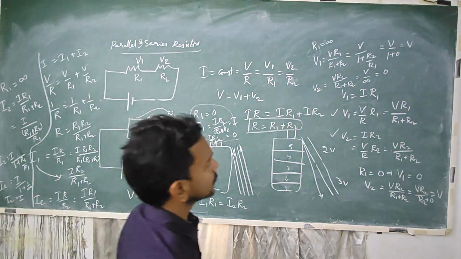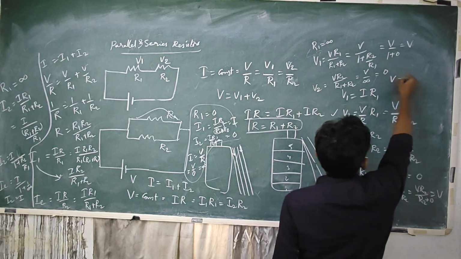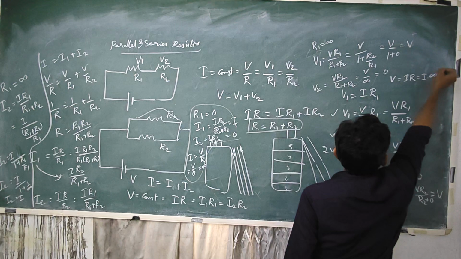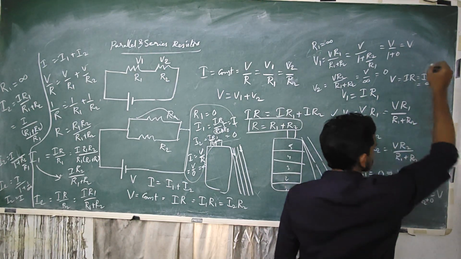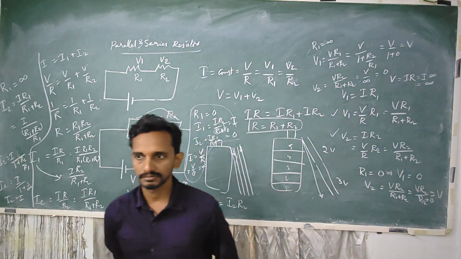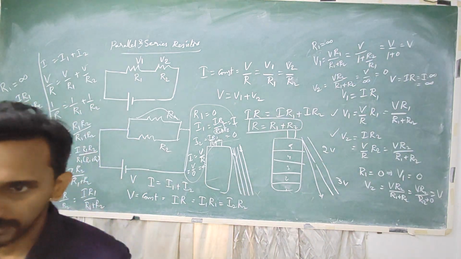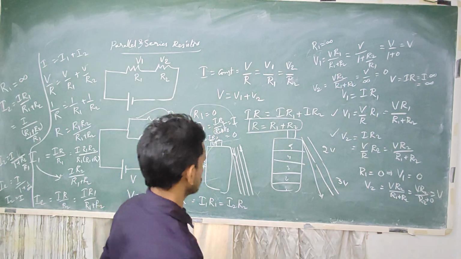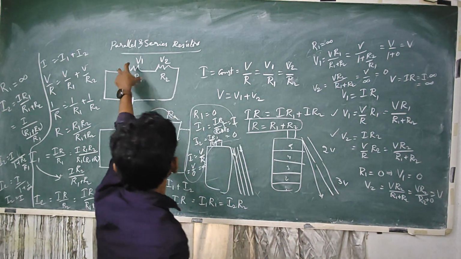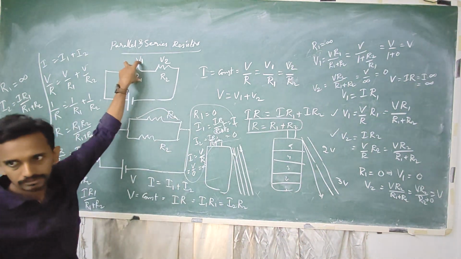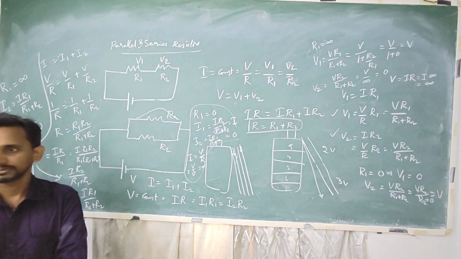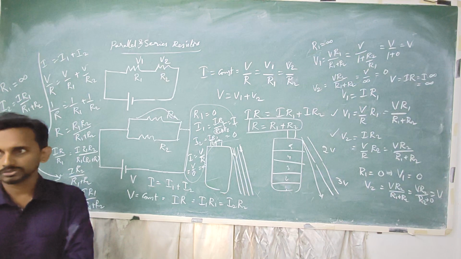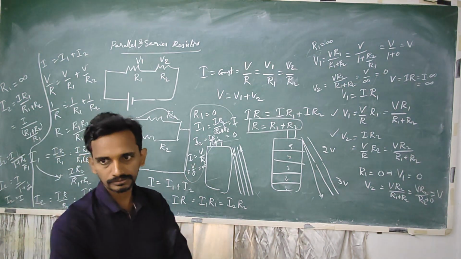Then what is the value of V? The voltage drop across the circuit when you remove one resistance in series is infinity. It means no voltage will be dropped.